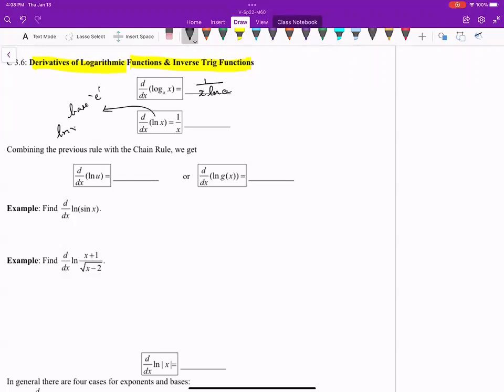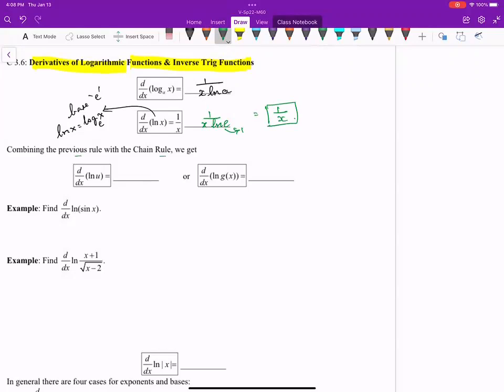So ln x is another way of writing log of x to the base e. If you apply the same rule, that is 1 over x, then ln of the base, ln of e. But what is ln of e? It is equal to 1. So the derivative of ln x is just 1 over x.